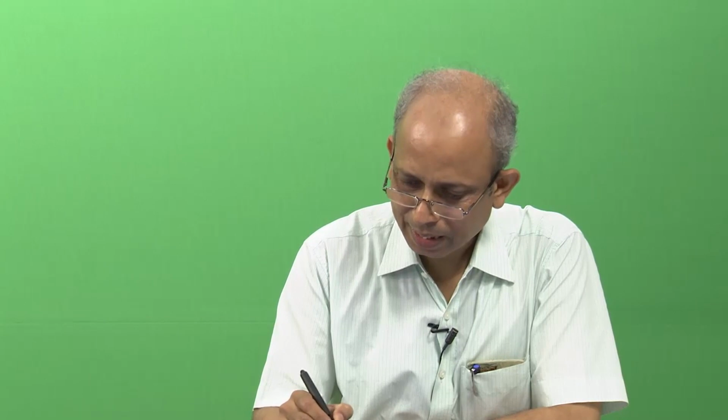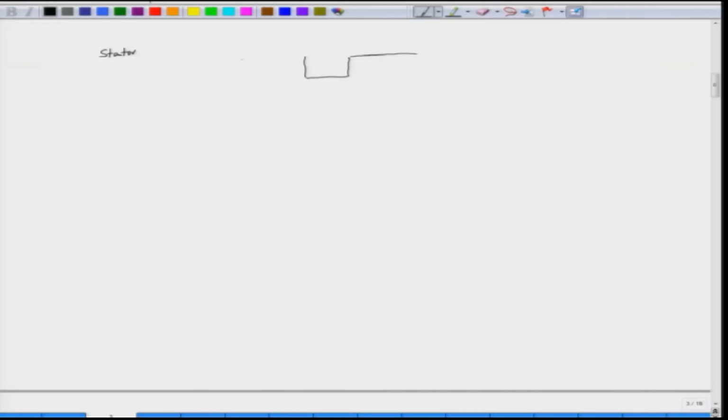The stator has 18 degrees as the pole, and this is the slot here. So, this is the 18 degrees pole arc and the slot arc here is 27 degrees. And again this repeats here because these are periodic patterns.